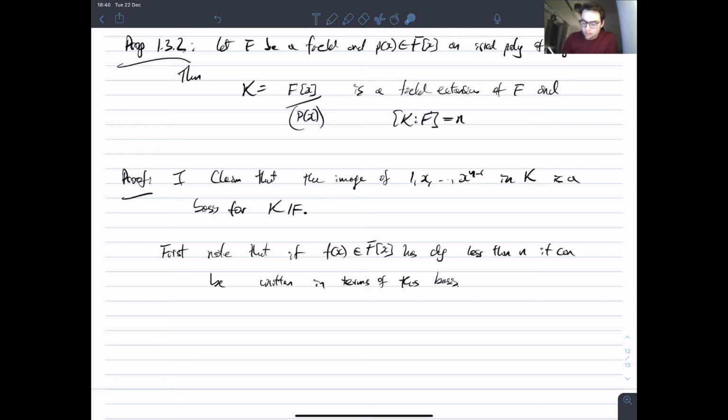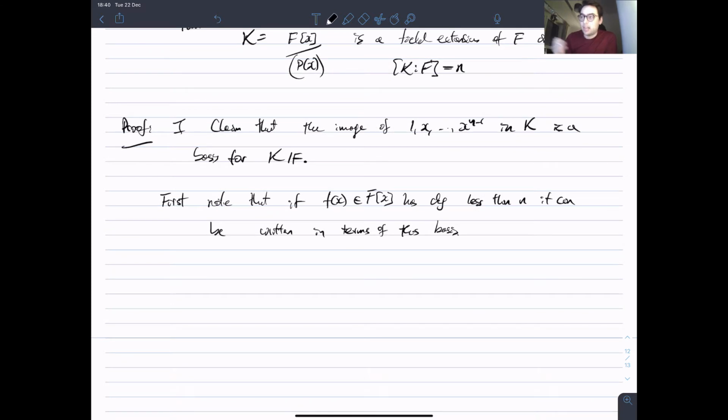That's clear because if I take a polynomial of degree strictly less than n, then it looks like some constant plus a1 times x plus a2 times x squared, and so on. So clearly that can be written in terms of this basis. But what happens if you take a polynomial that has degree at least n?